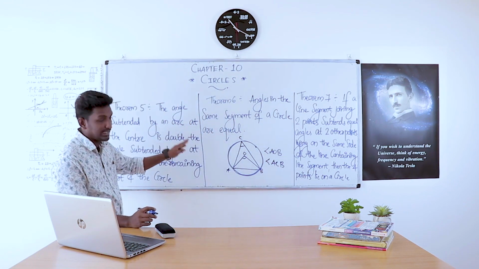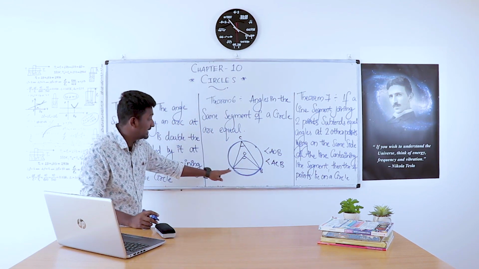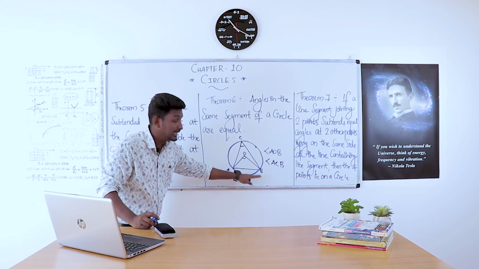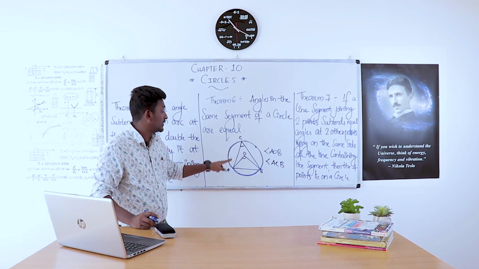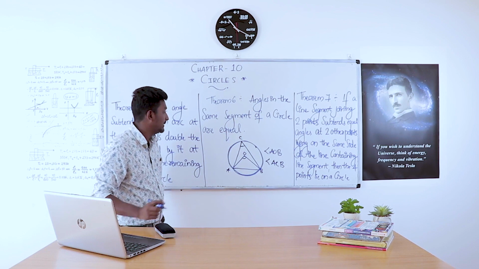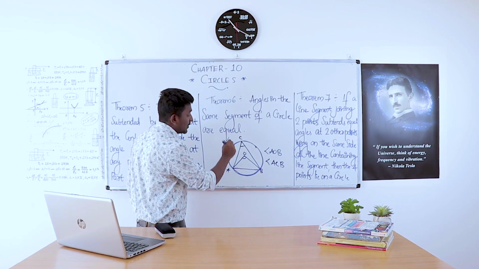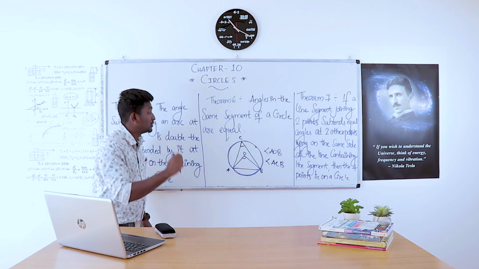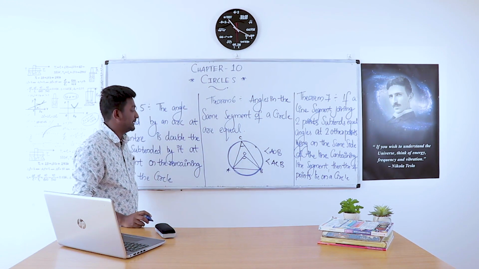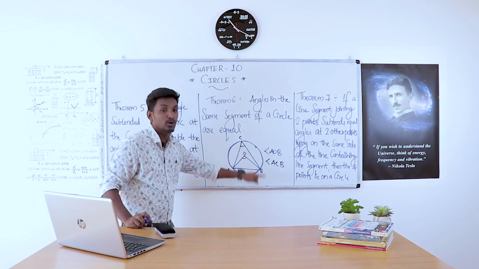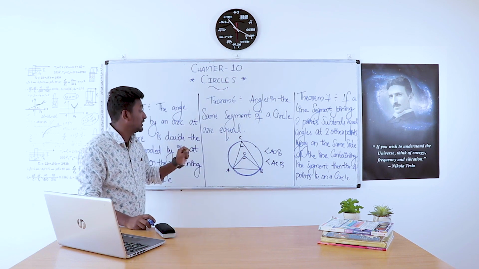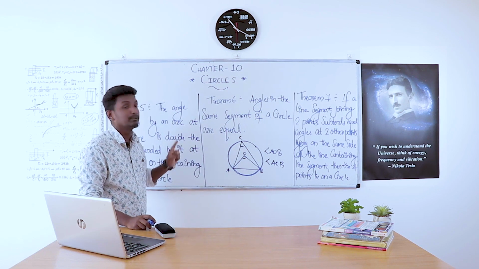The theorem says that angle AOB is double the angle ACB. That simply we can say that angle AOB is equal to 2 into angle ACB.